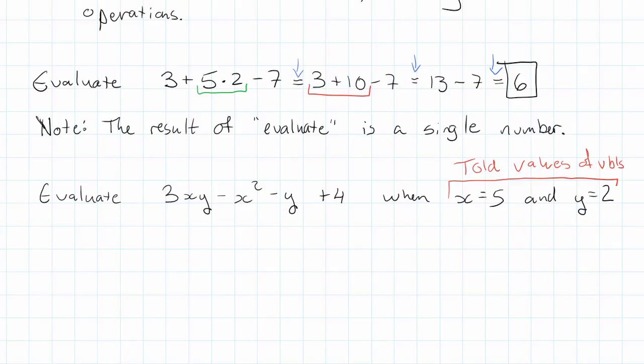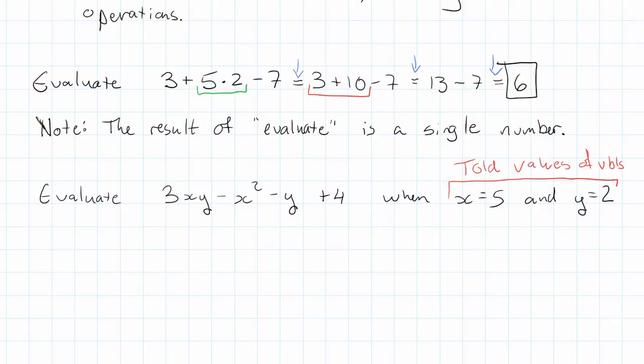In a more complicated problem, we might need to go out and somehow locate the values of the variables before we could make this calculation. Alright, so x is 5 and y is 2.